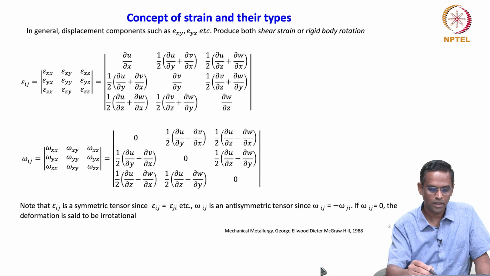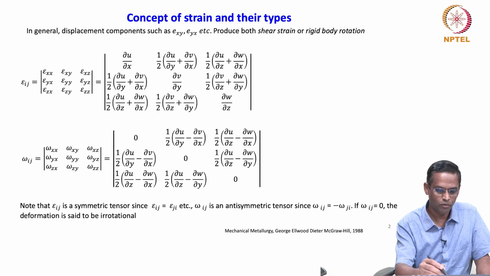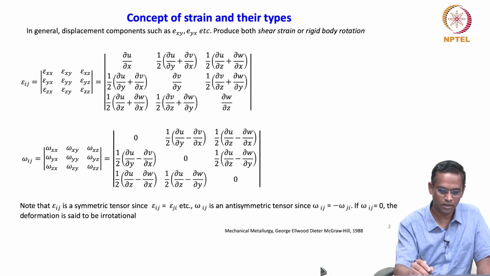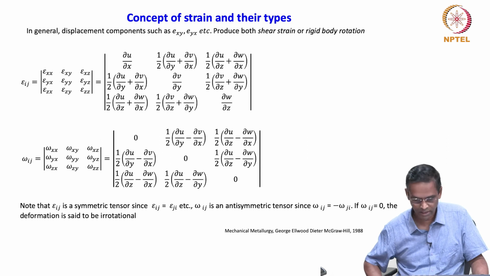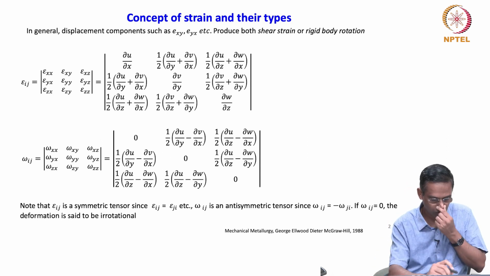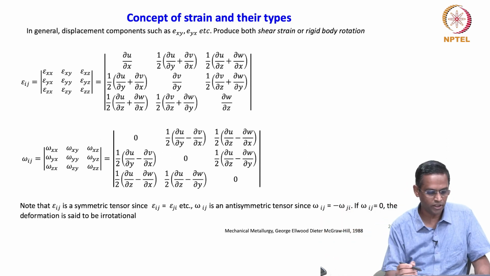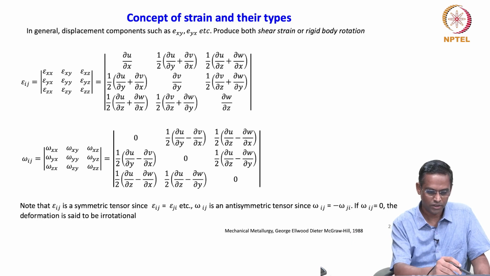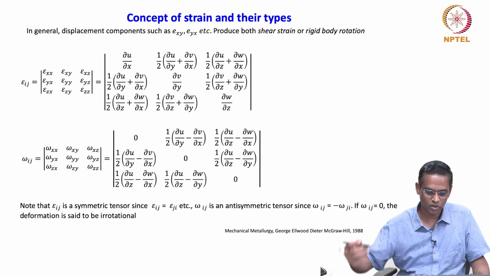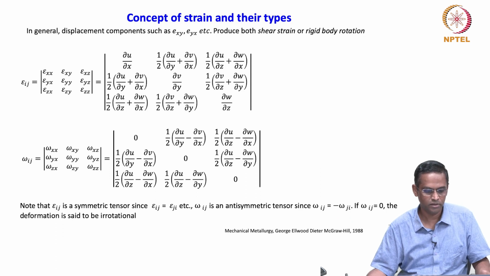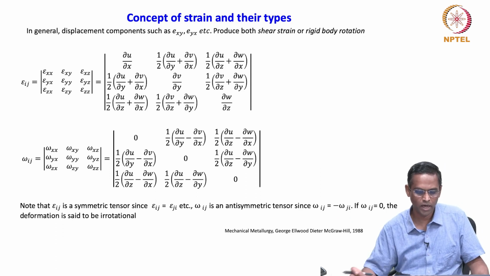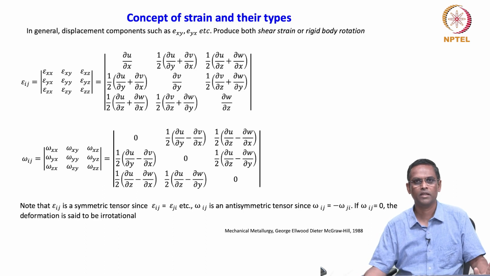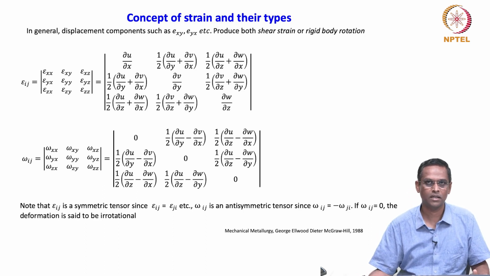You can see that we know how you get individual components like this. This is what we have just shown. So we can simply plug in these values, and then you will see that we get two 3 by 3 matrices for shear strain as well as rigid body rotation. So this is just to give you an idea that these two quantities are also tensor quantities, right?